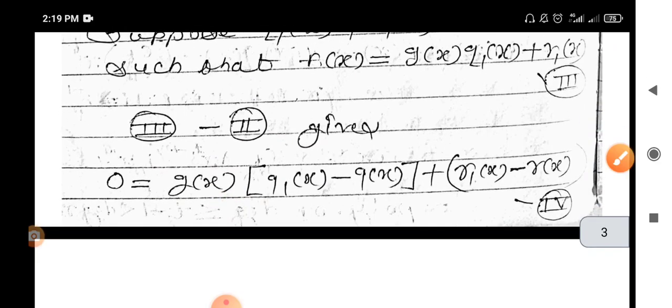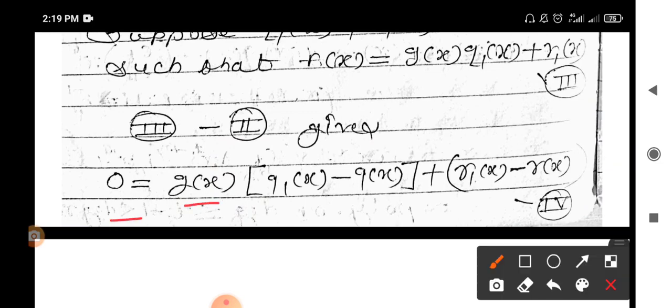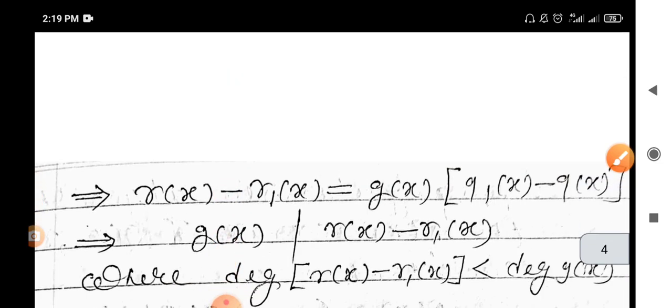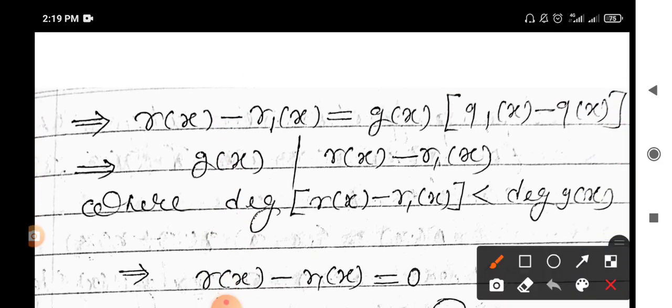We get this side is the same, so f(x) minus f(x) is 0. So 0 is g(x) into q1(x) minus q(x) plus r1(x) minus r(x). Now we get the equation r(x) minus r1(x) is g(x) into q1(x) minus q(x).